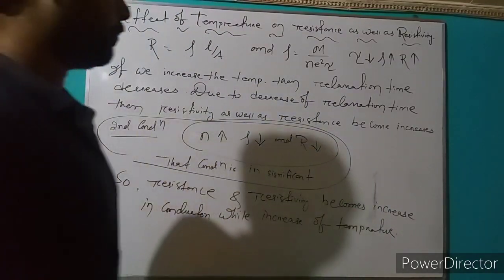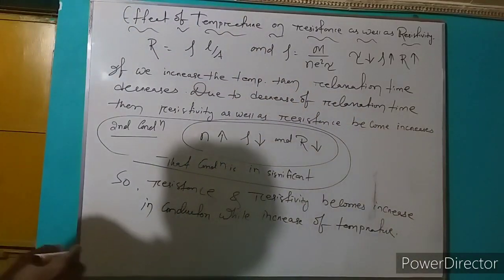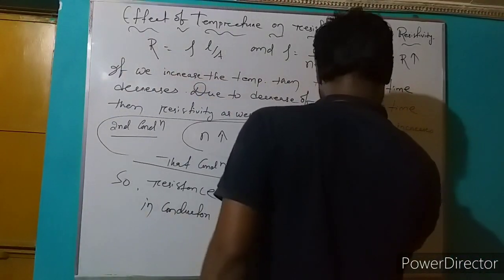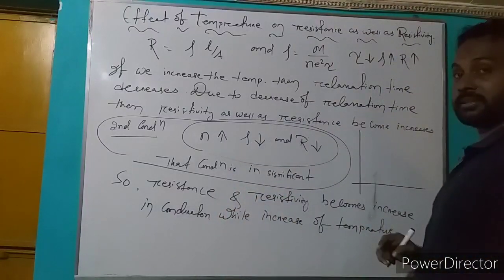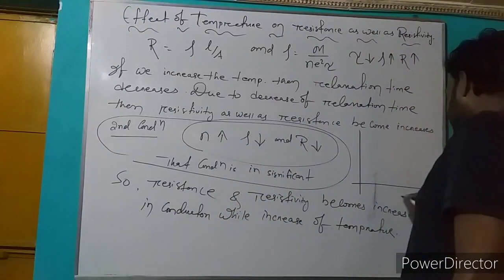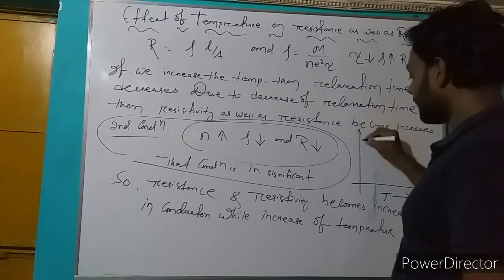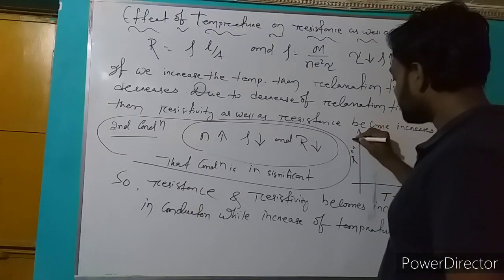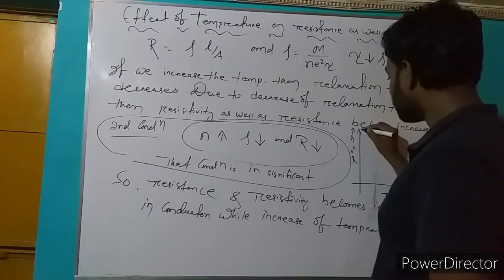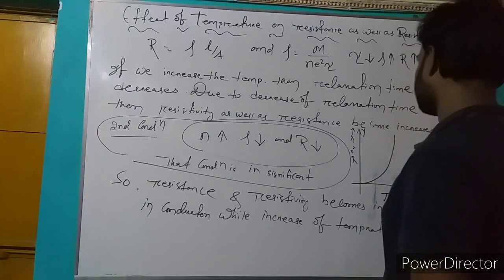So if we plot a graph between resistance as well as resistivity with temperature, temperature along the x-axis and resistance R or resistivity along the y-axis, this is the y-axis, so the graph is like that.